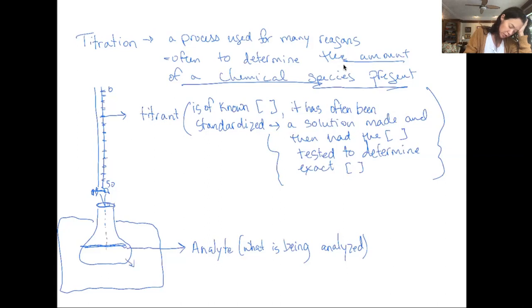What's important to know here is you must know the volume of substance present.